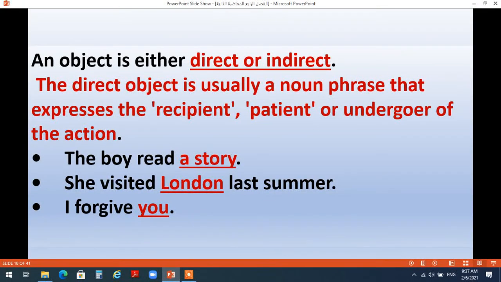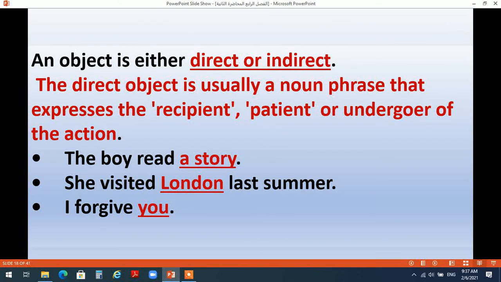The direct object is usually a noun phrase that expresses the recipient, the patient or undergoer of the action. إذن المفعول به المباشر يكون عادة عبارة اسمية تعبر عن أحد استلم شيئا ما أو تأثر.